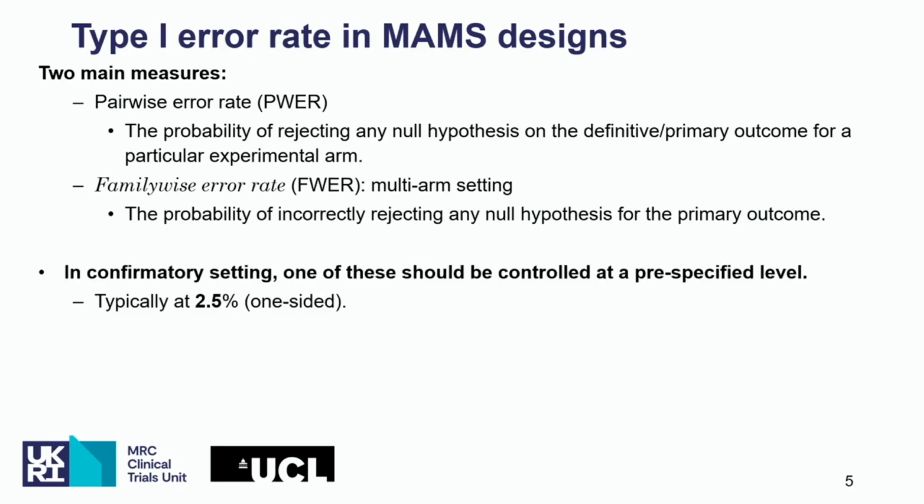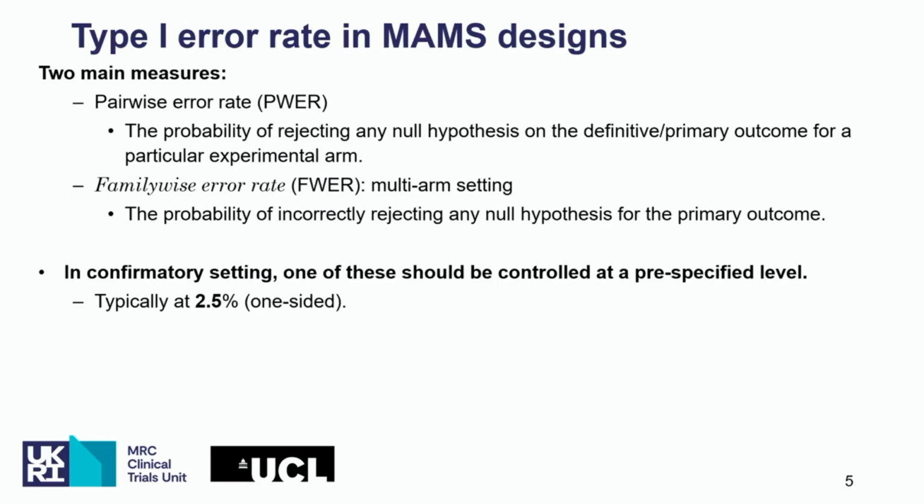And in the confirmatory setting, we usually need to control this at a pre-specified level. If you have a confirmatory trial, you have to control that at a specific level, and that is usually 2.5% one-sided, 5% two-sided. And in all my comparisons in this talk, I'm targeting a type 1 error rate of 2.5% one-sided.